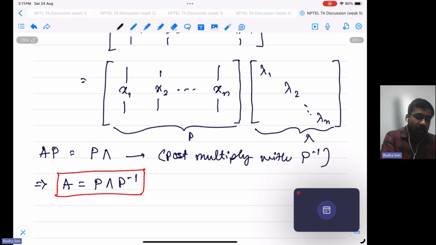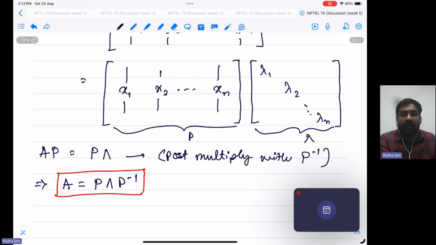Now if P is not invertible, we have studied already how, if the system has repeated eigenvalues, we have seen in the previous week that if any eigenvalue is repetitive in nature, then we may get distinct eigenvectors.